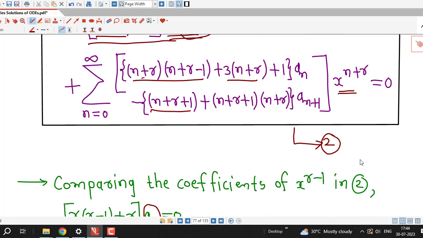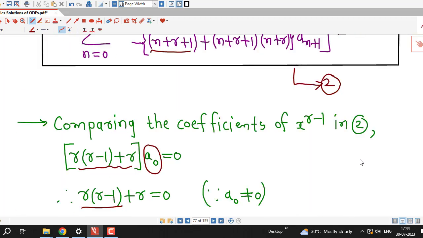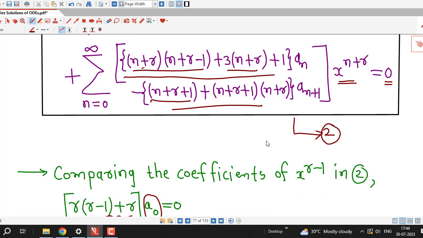Now once we find out the values of r, which are the roots of indicial equation, now we compare the coefficients of x raised to n plus r on both sides, and because right hand side is 0, we must have this quantity in the bracket equal to 0.